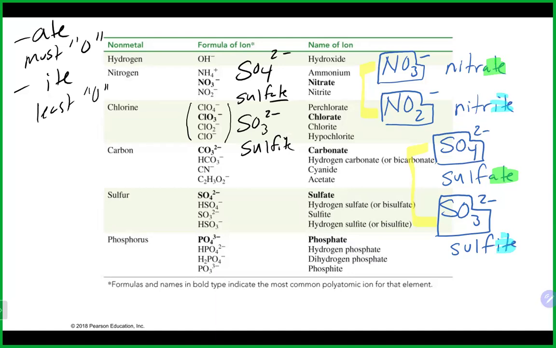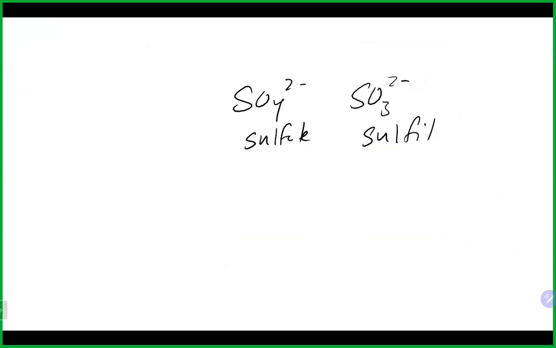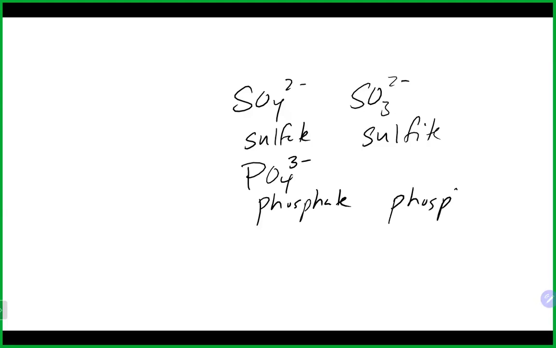For example, we did our sulfate, our sulfite, right? We could have this, which is, by the way, phosphate. What would phosphite be, by the way? PO3, 3 minus. Remember, nothing changes other than the oxygen, right?